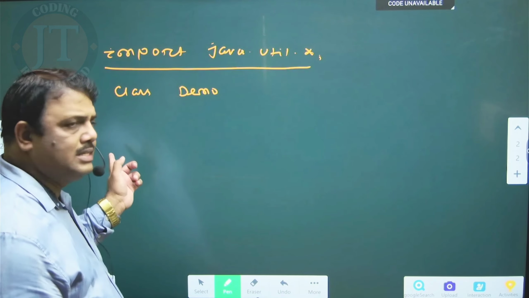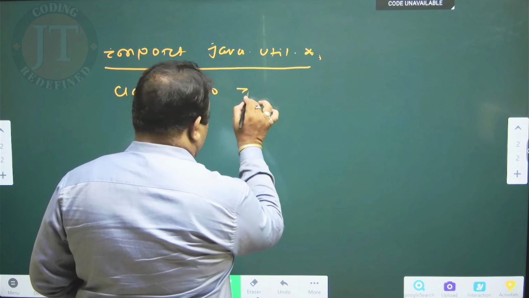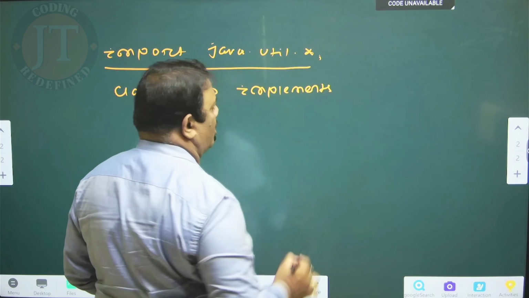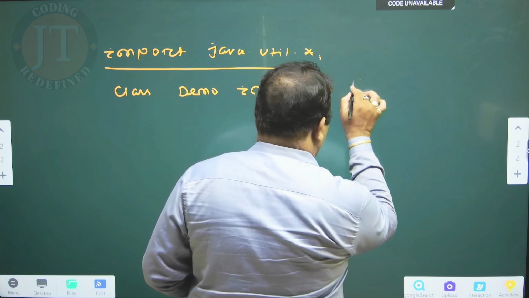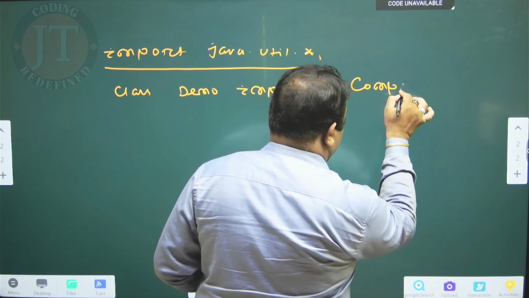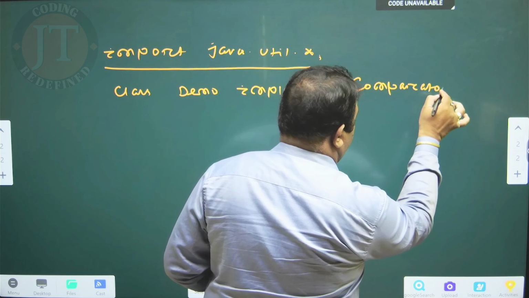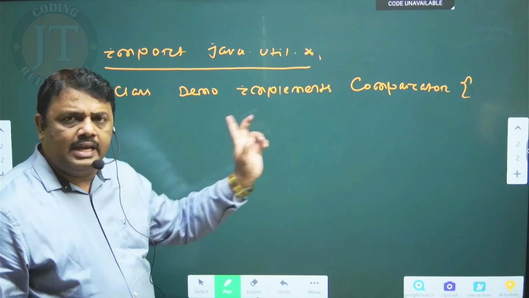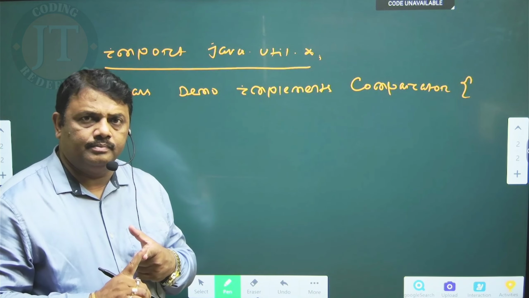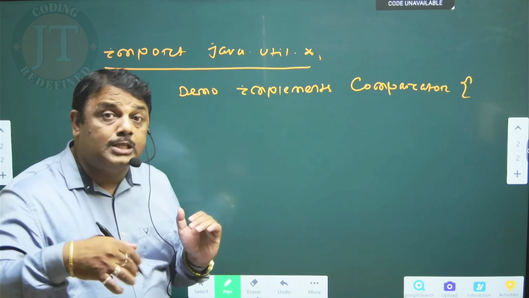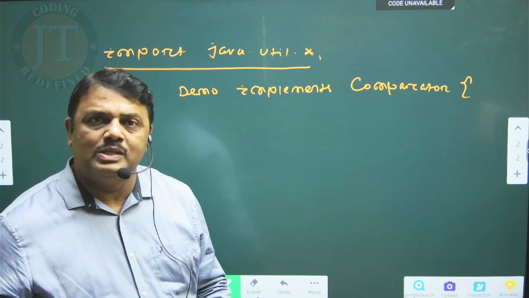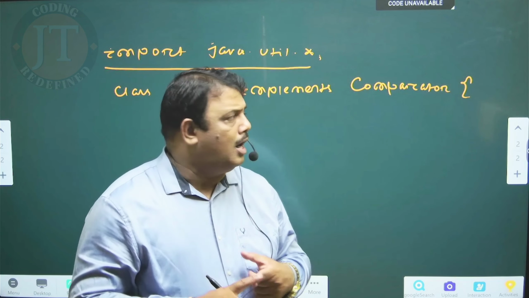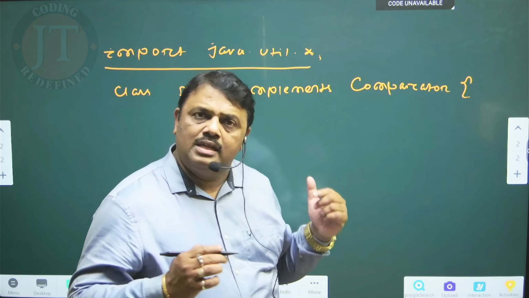Demo is a class which inherits from, here I write implements, the comparator interface. Now check here, when the Demo class inherits from comparator, try to understand who is the base class of the Demo class? That is the Object class. And who is the base interface of the Demo class? That is comparator.